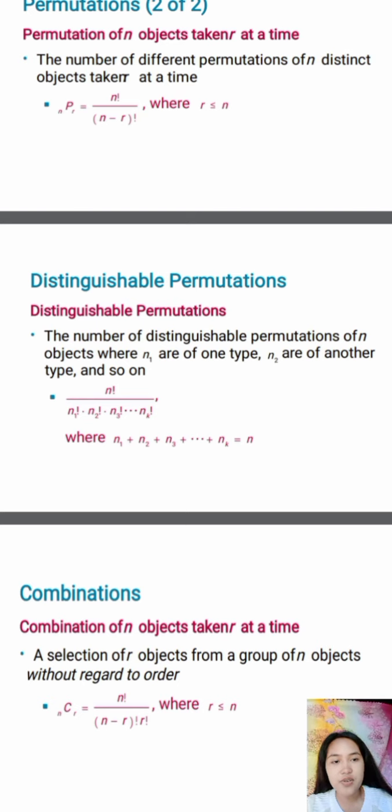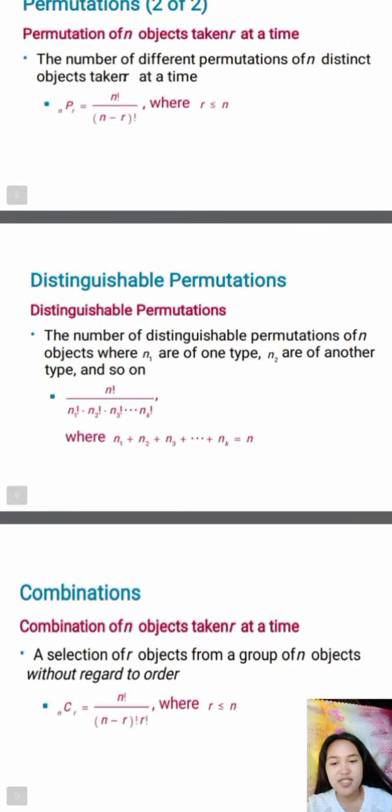N is equal to 12, n sub 1 is equal to 6, n sub 2 is equal to 4, n sub 3 is equal to 2. 12 factorial over 6 factorial times 4 factorial times 2 factorial is equal to 13,860 distinguishable ways.